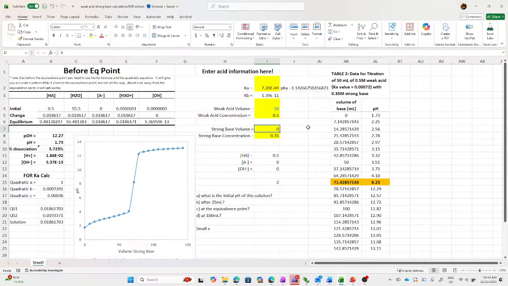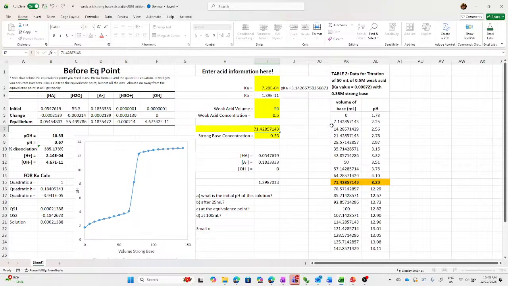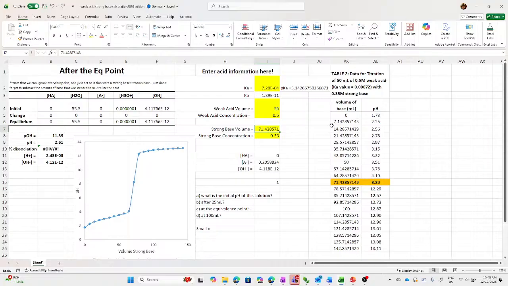Does that make sense? And then you can say, what about after 2 mL? What about after 55 mL? And this one I came up with has an annoying equivalence point, 42.857143, which annoyingly, I picked a bad example for that.